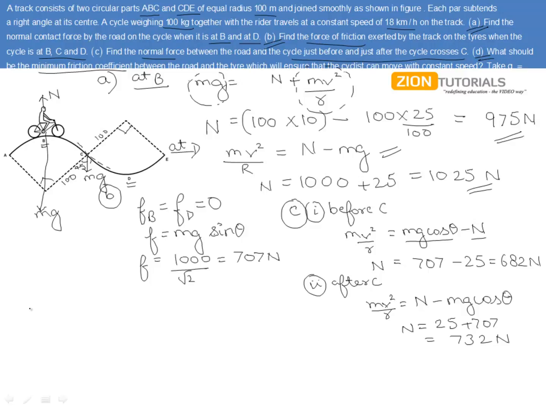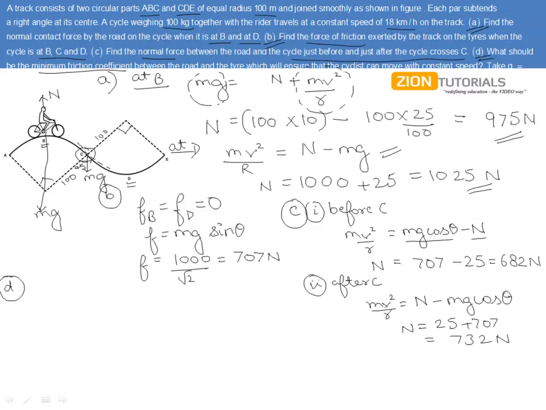Now, moving ahead with the last part of this question, that is, what should be the minimum friction coefficient between the road and the tire, which will ensure that it can move with a constant speed. While moving from A, B, C, D and E, we can notice that C is the point of minimum normal reaction.